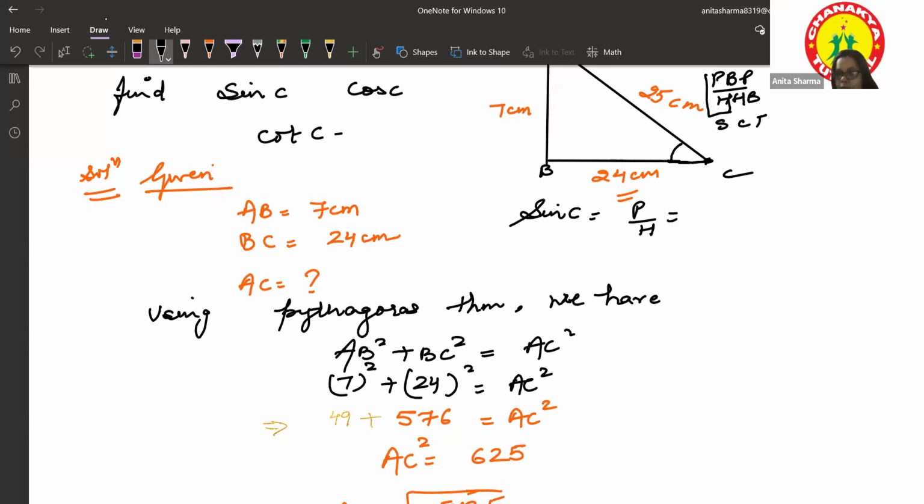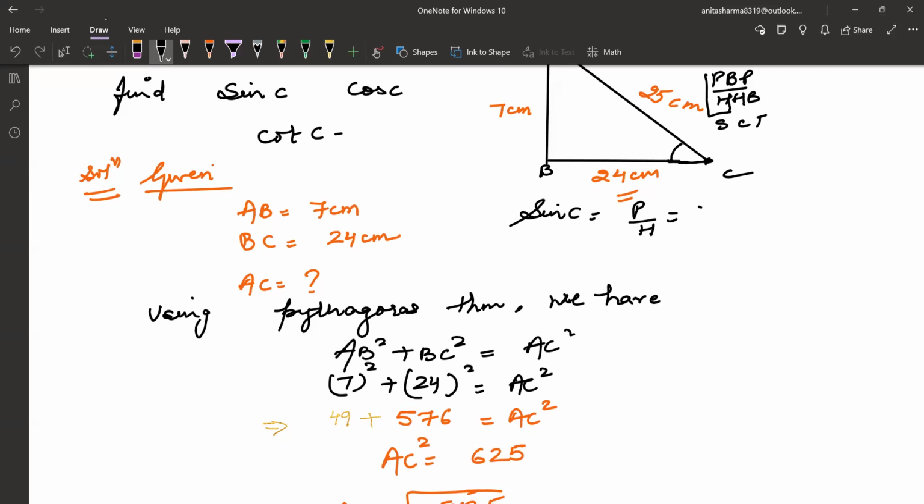So Niharika, please tell me, beta. What is the value of perpendicular here? Is 7. Yeah, 7. And what about hypotenuse? 25.